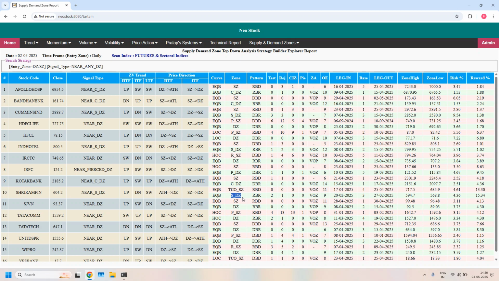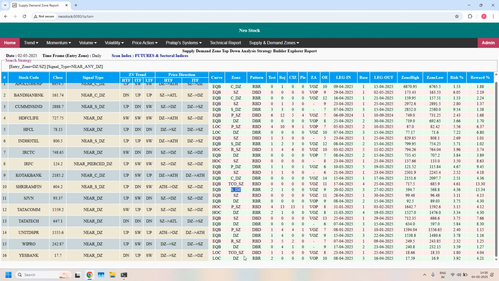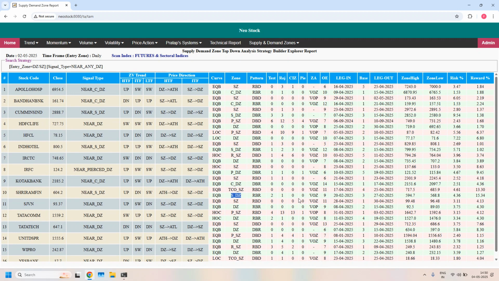Shriram Finance is having a daily high liquidity demand zone. That's it. So total we identified 6 daily high liquidity demand zones from this list.